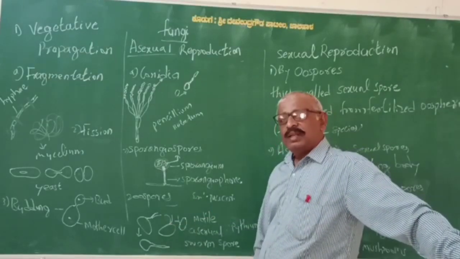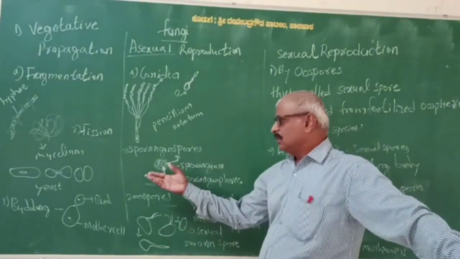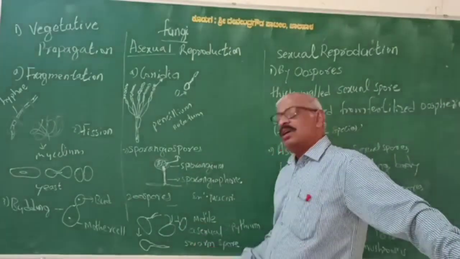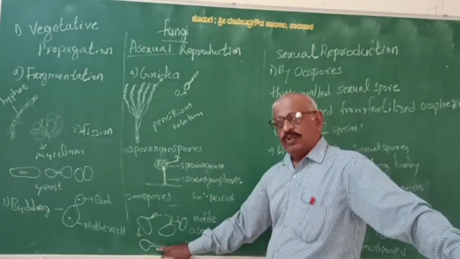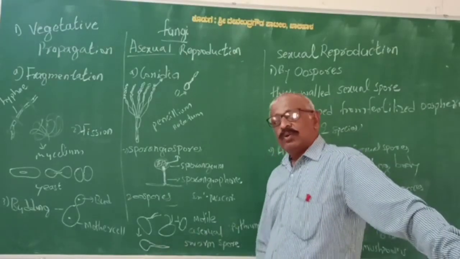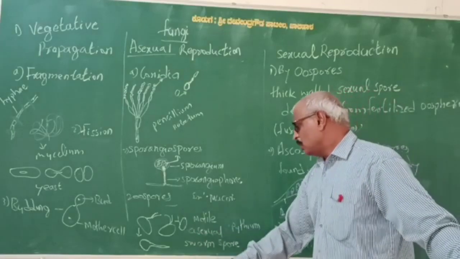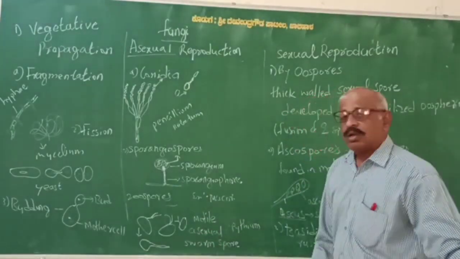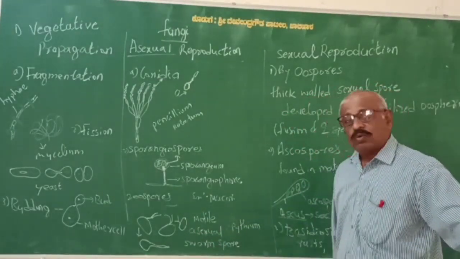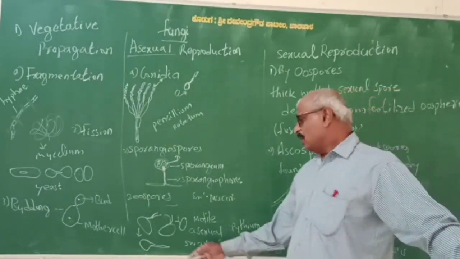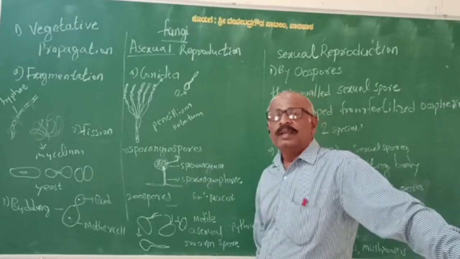These are produced by the body of the fungus, and each zoospore has the capacity of developing into a new organism. They germinate and grow into a new organism. Zoospores are also called swarm spores. For example, usually in Pythium, we see this kind of zoospores.